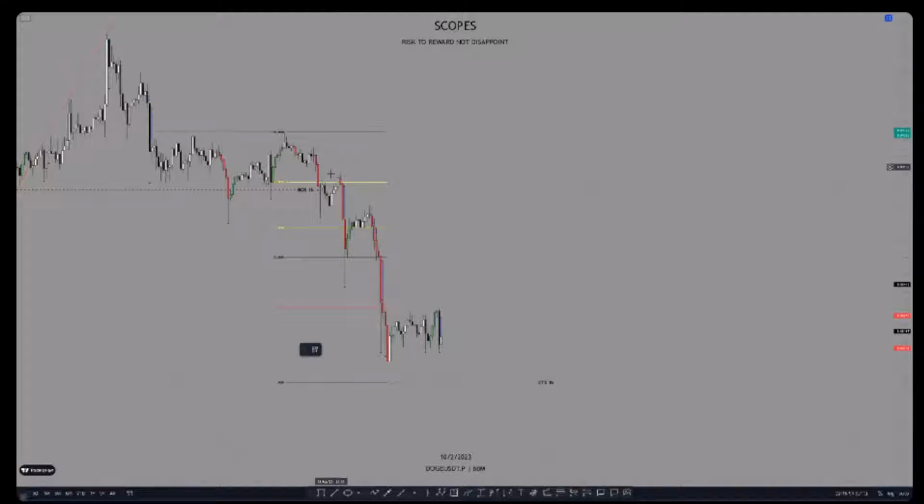Looking for the last bullish candle at 61.8, 80% fib level. And for me, there is a key level there. So mark out something like that.